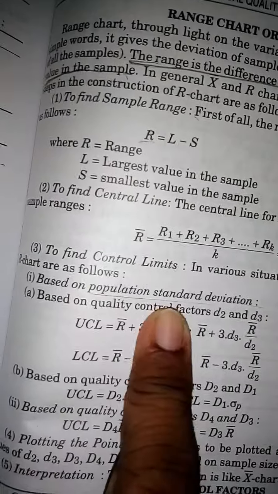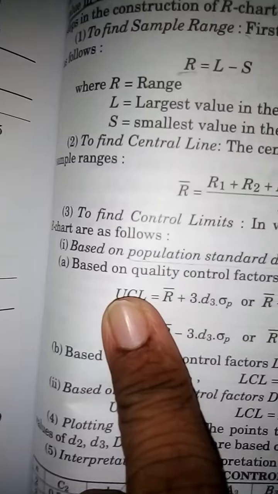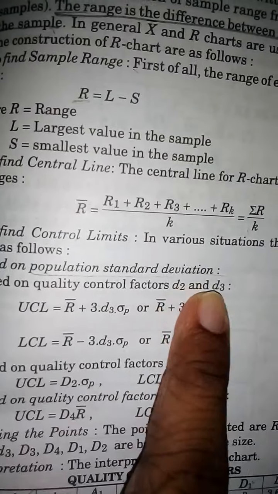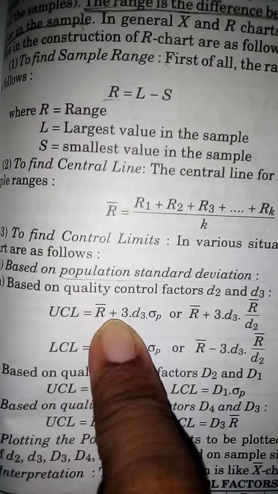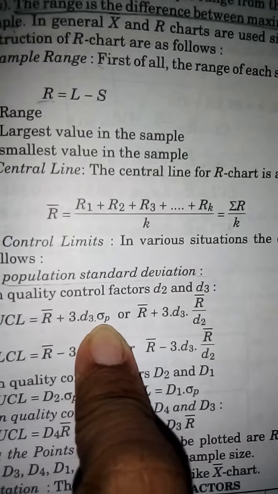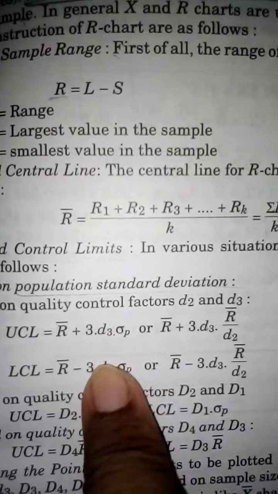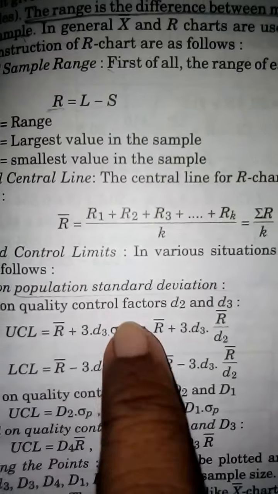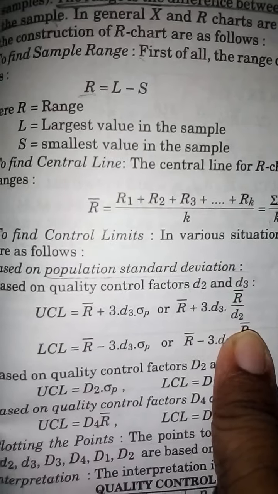To find control limits based on the population standard deviation, if D2 and D3 are given, then UCL is R bar plus 3 D3 into the population standard deviation, or if the population standard deviation isn't given, then R bar divided by D2.